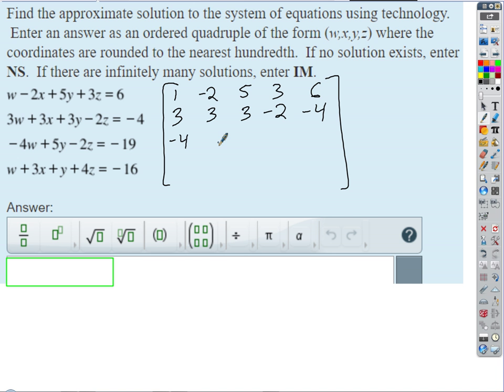Why 0? Because there's no x. We have to include that though, right? We have to include all of the coefficients in every row. If there's a missing variable, it means it's a 0 coefficient. Okay, keep going. 5, 2, 1, 3, 1, 4, and 6. Okay, so that's the matrix I'm going to input. Let's see, I'm going to grab this.